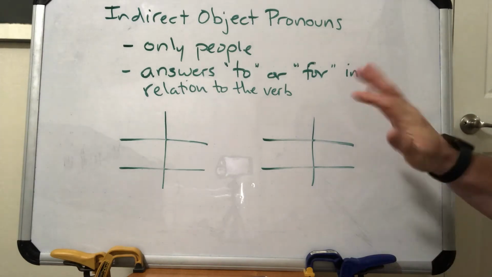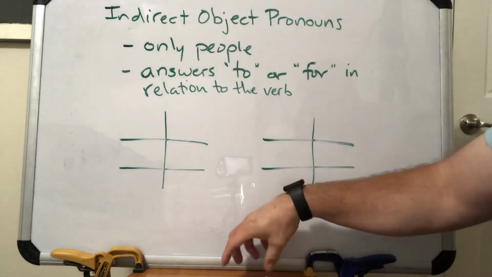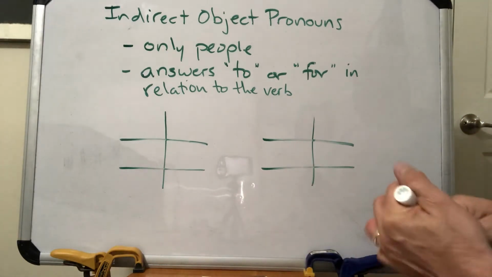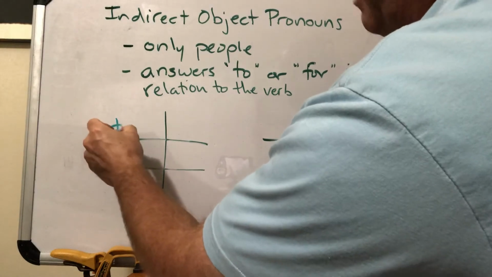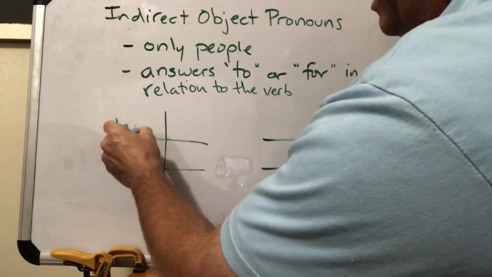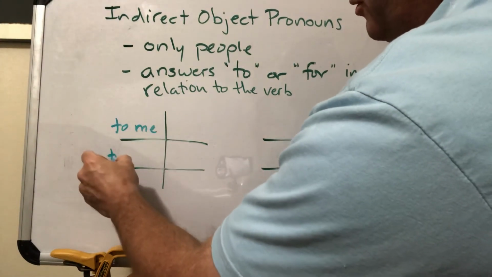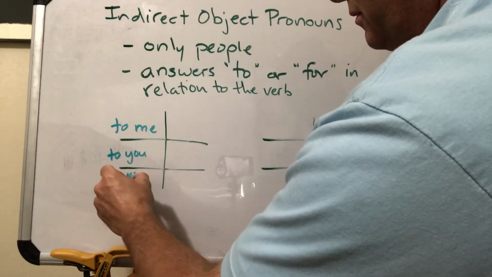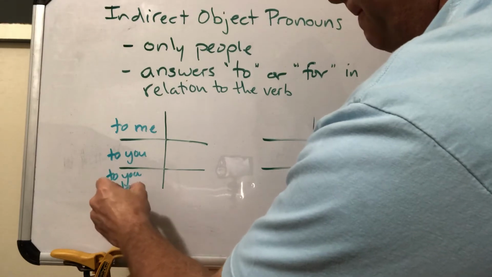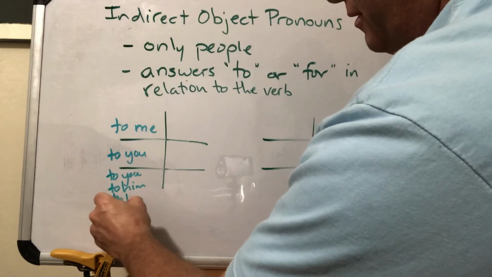So anyway, here are our indirect object pronouns. Let's go over them in English first. In English, it's the same as the direct, except we're going to put to there. So to me, to you, to him, or to her.